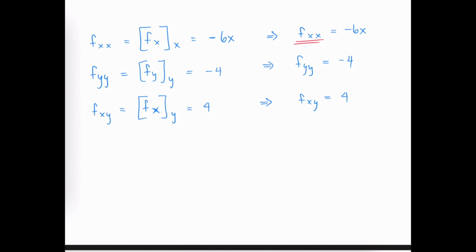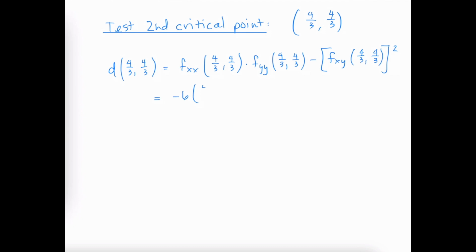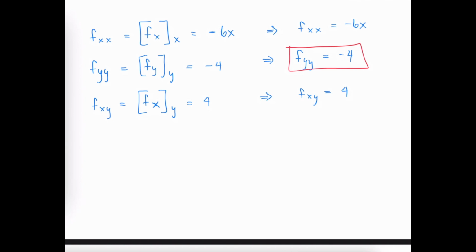So if we evaluate the second partial derivative with respect to x twice, we're going to put x is equal to 4/3 into here and get -6 times 4/3. So this will be -6 times 4/3 times, now we need to look at the second partial with respect to y twice, evaluated at (4/3, 4/3), which again is equal to the constant -4.